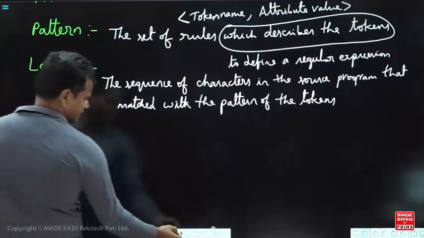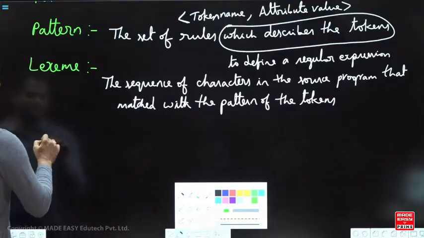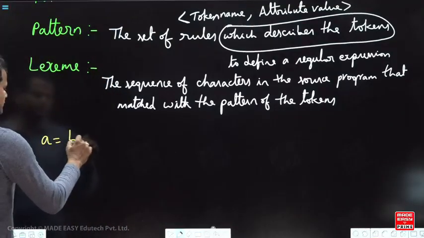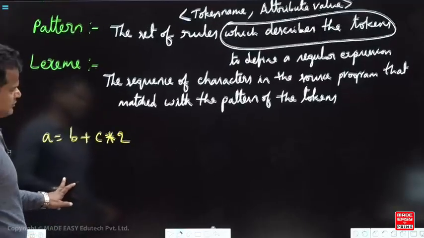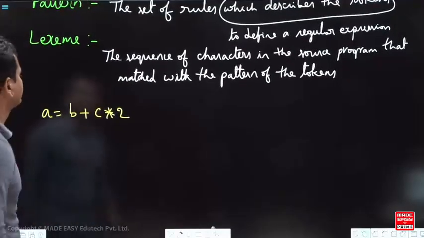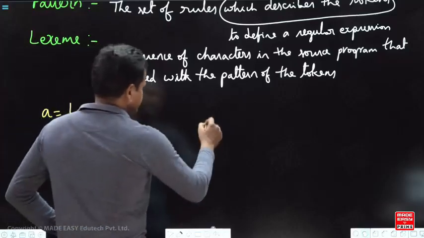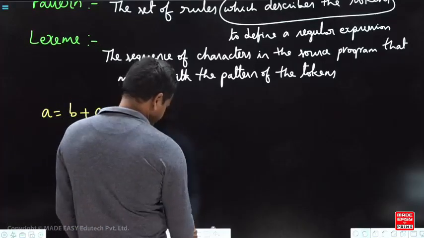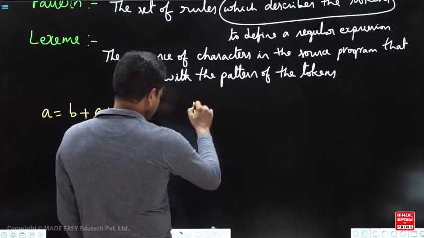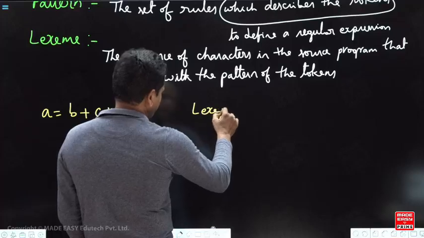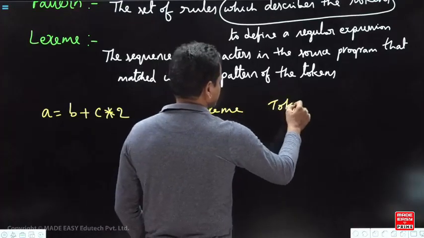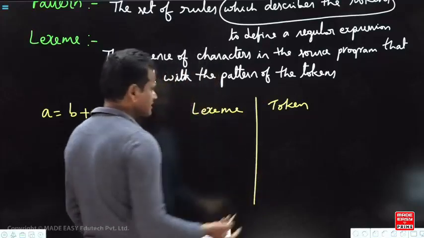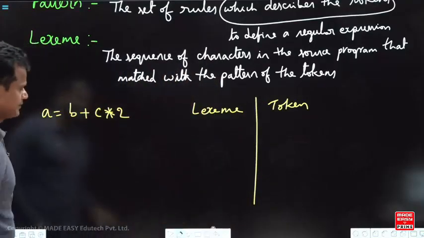I am giving you one example: A = B + C * 2. Now, what is a lexeme and what is a token? We will see now. Pattern is rules, those rules.